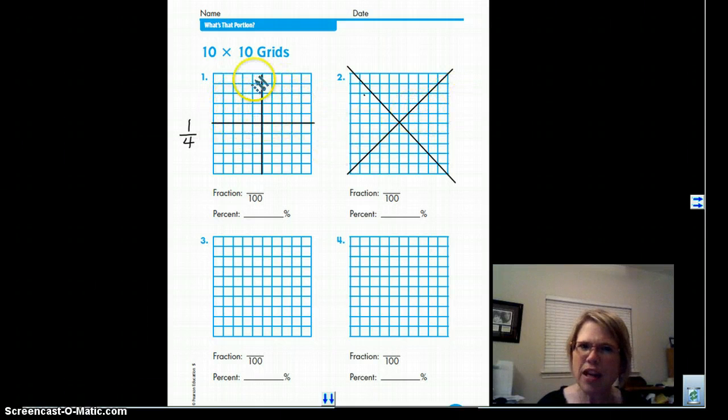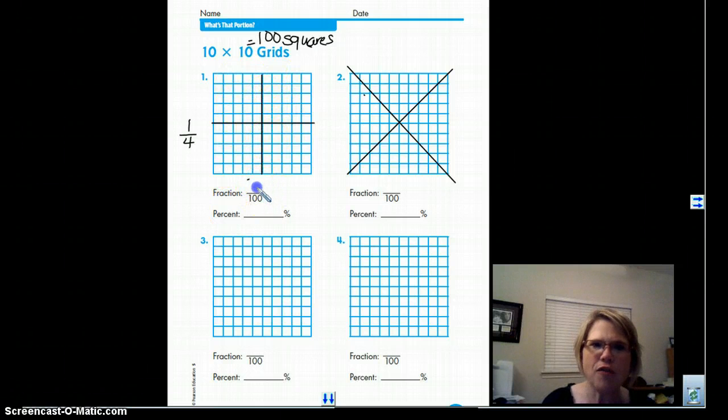How much do you think is shaded if I have 1 out of the 4 pieces shaded, and there's a 10 by 10 grid here, which we know equals 100 squares, right? What do you think? What fraction of these 10 by 10 grids is shaded? Hopefully you said 25. Now you can go ahead and color it in.